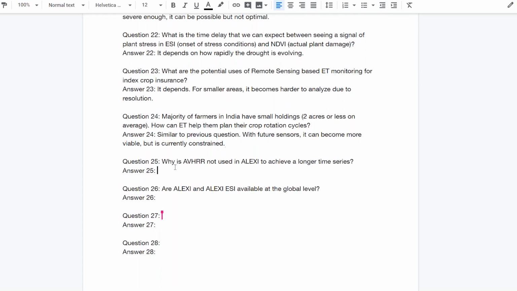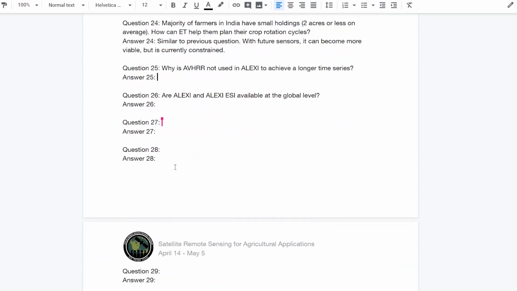Great. Question 25. Why is AVHRR not used in ALEXI to achieve a longer time series? Not because we don't want to. It's just an area of active research for us. AVHRR is complicated in some of the earlier sensors because there's a lot of drift of the sensor, where over its life cycle it will observe the land surface at a different time due to orbital drift.